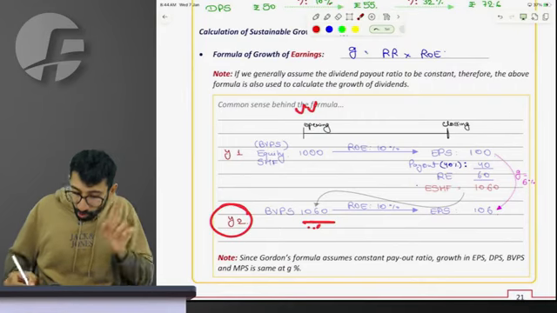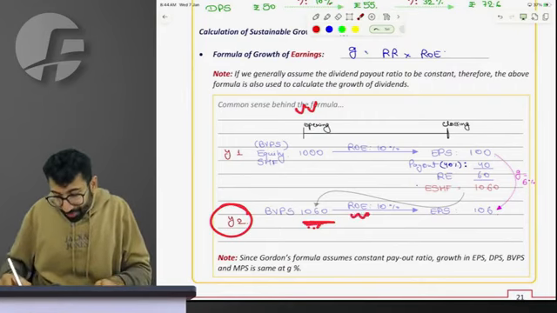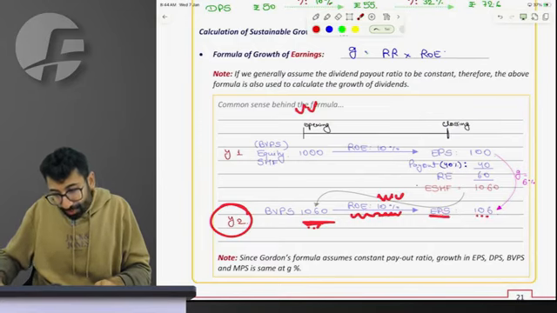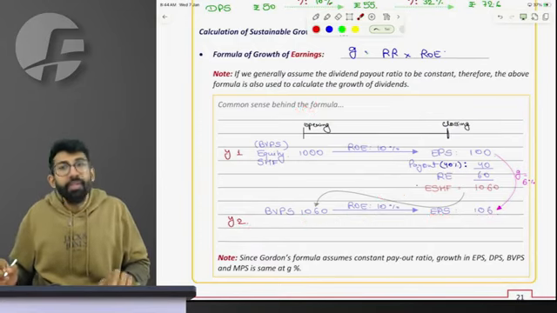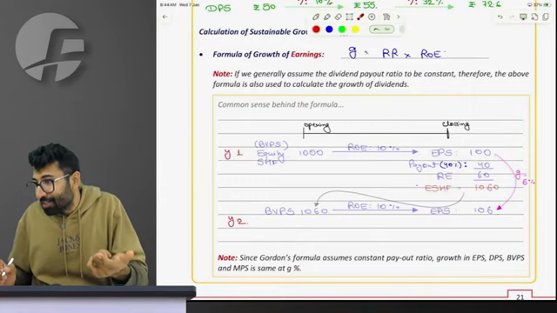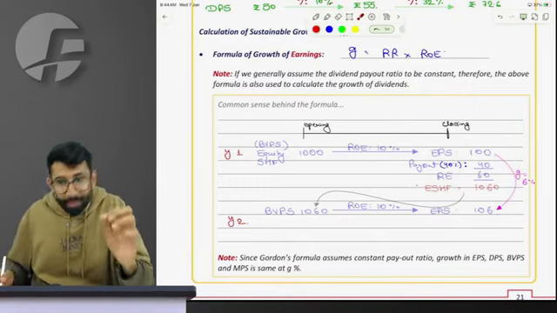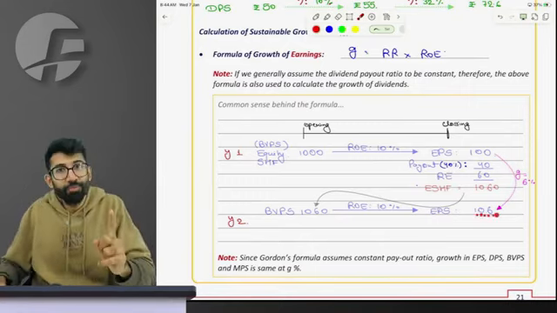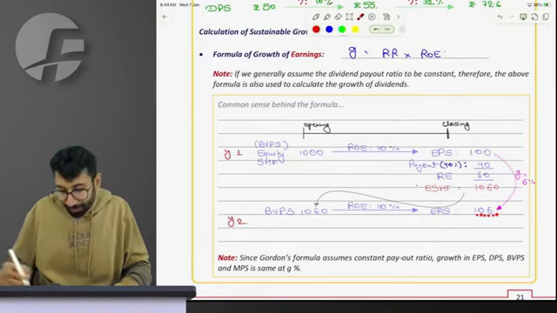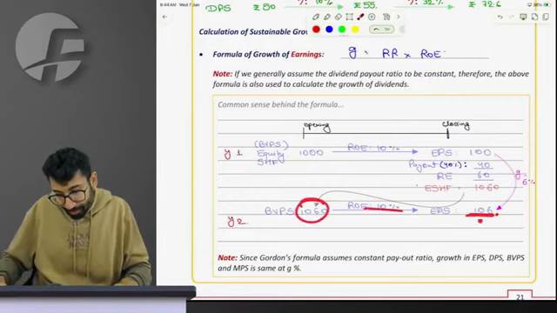On this book value per share, if I again earn 10% ROE, my EPS of next year turns out to be 106. Agreed, 1060 into 10%, 106.